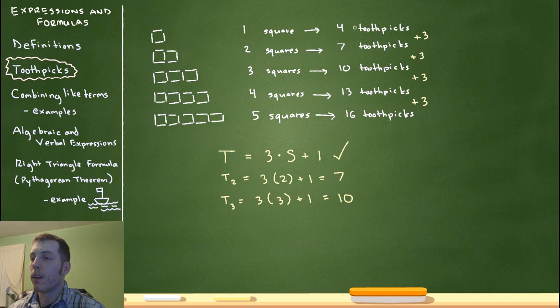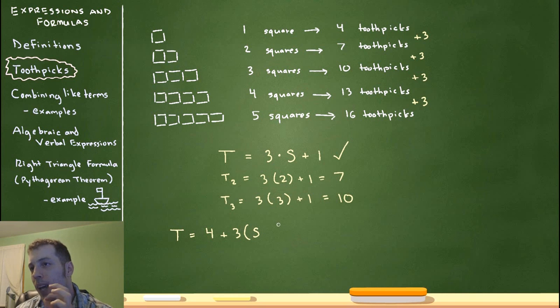For example, if we want a new formula, we're starting with 4 toothpicks. So let's say 4 plus, and then for every square we add, we're adding an additional 3 toothpicks, right? So this will be 3 times s. Now, I know that if I have 1 square, I'm going to want an answer of 4.